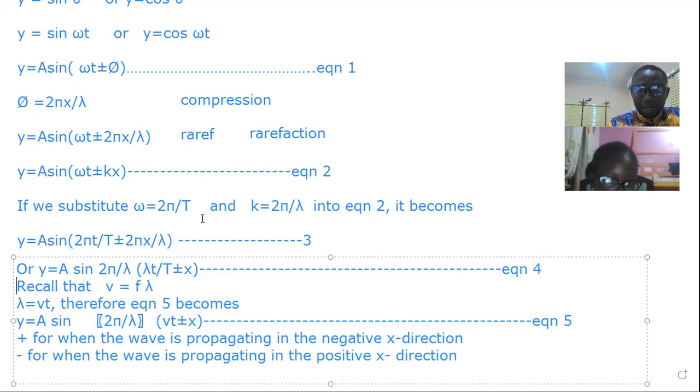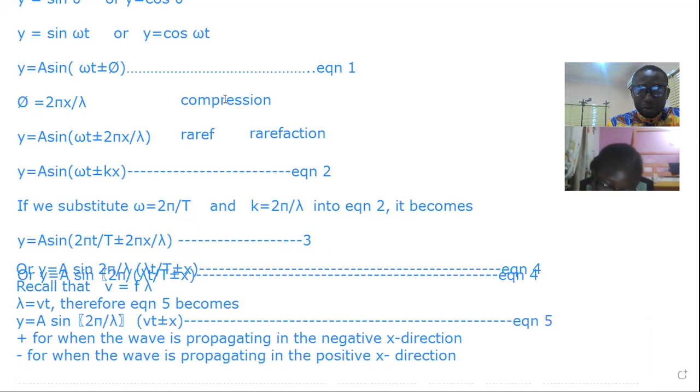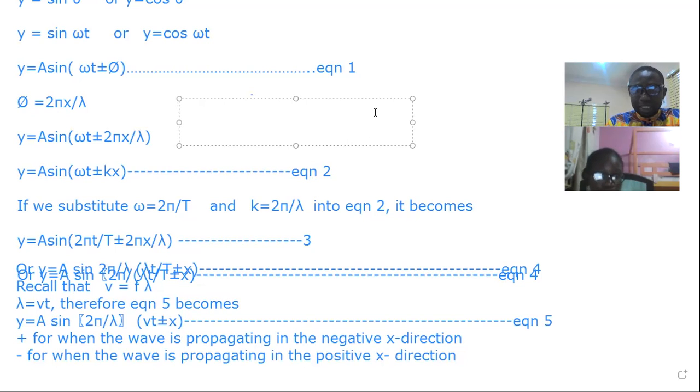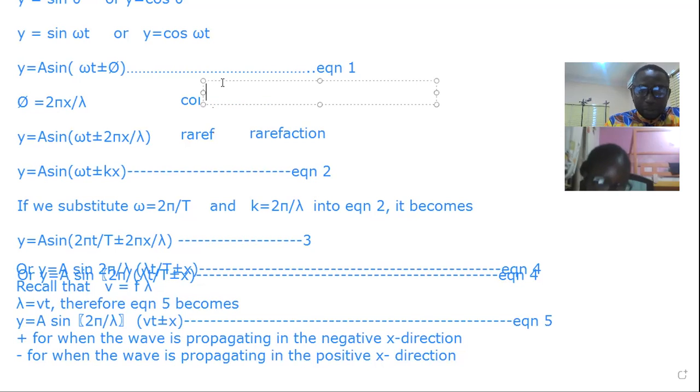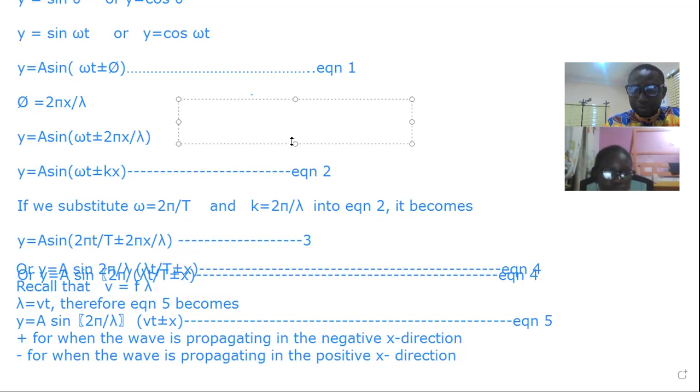Now with this, now we have these equations. Or what am I doing?